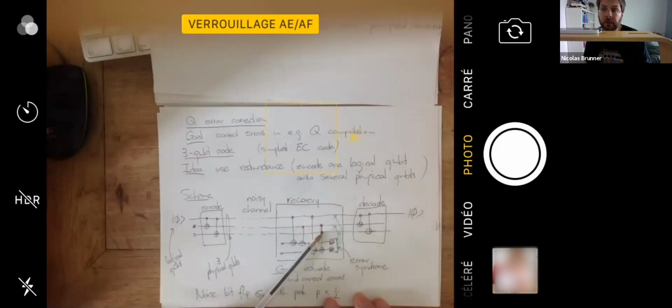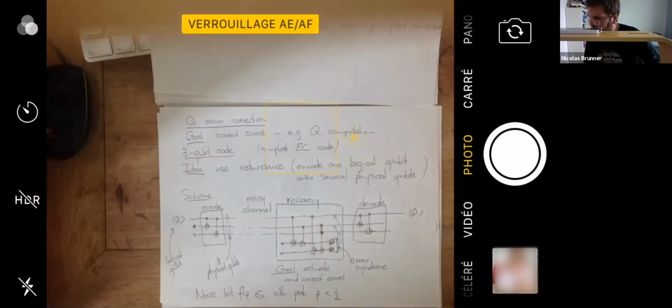By symmetry, you could think maybe we should compare the parity of the second and third. But that is useless, because if you have 3 qubits and you know the parity between 2 pairs, the parity of the last pair is already fixed, so you would not gain any information by doing that.